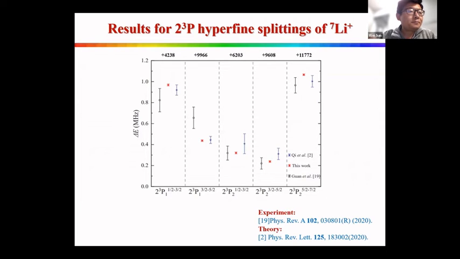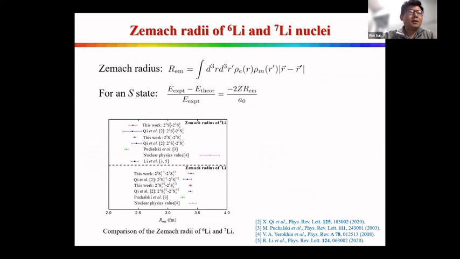So, combining our experimental results of the hyperfine splittings of the 2s triplet state with the most recent theoretical calculations based on QED theory, the nuclear charge radii of lithium 6 and 7 are determined.